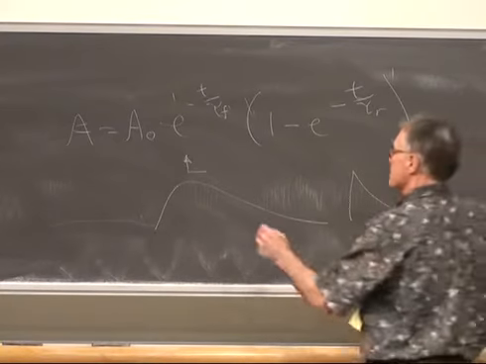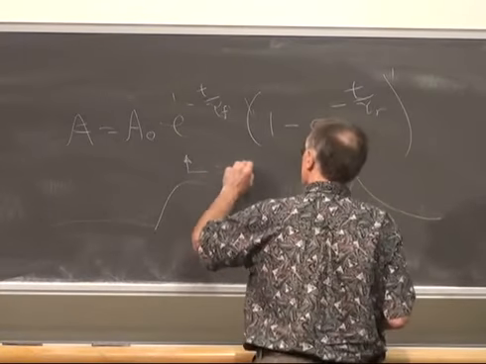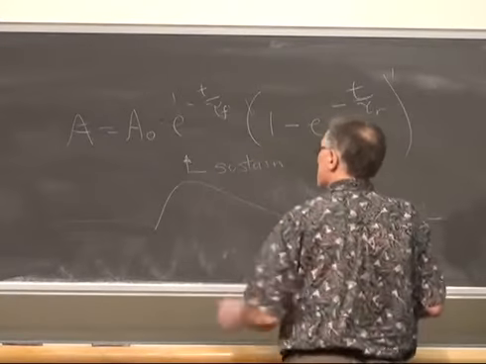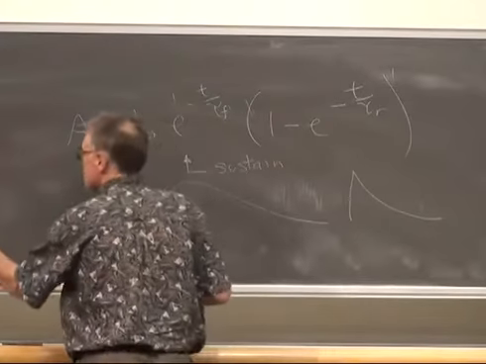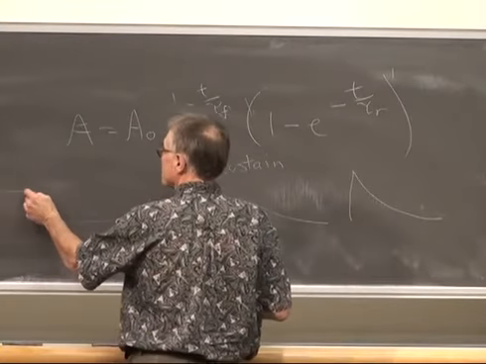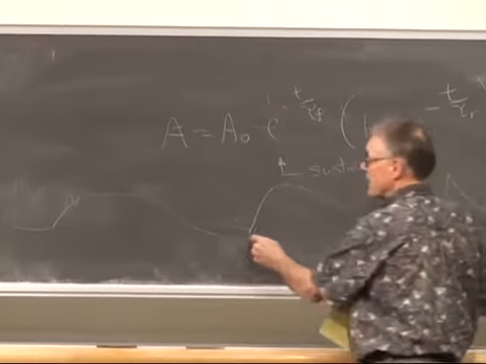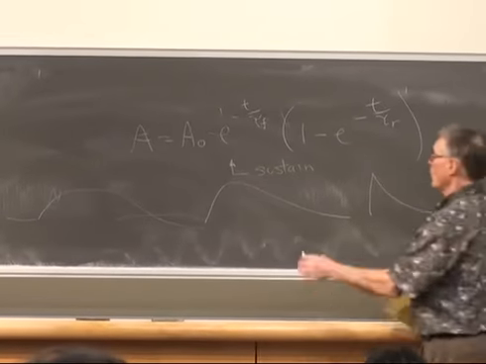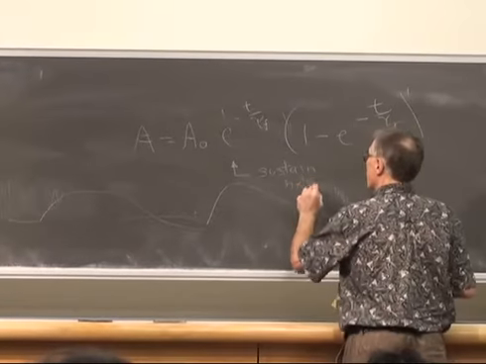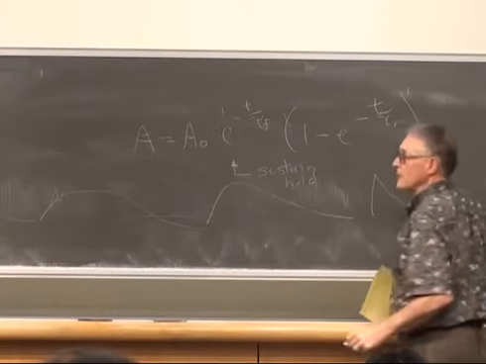And that makes the sustain. So we're just going to force this. The rise time rises naturally, but then just gets held for a while before the decay starts in exponentially. So we just hold this at a value of A naught.